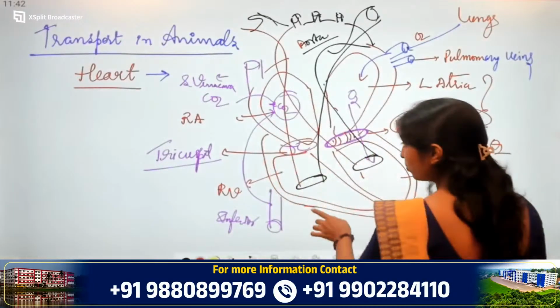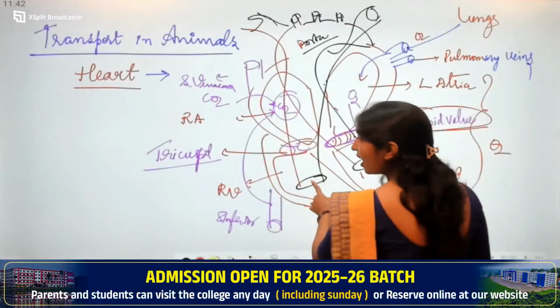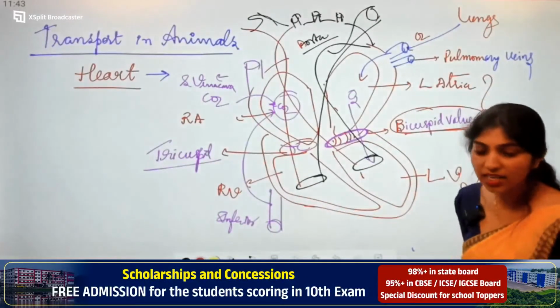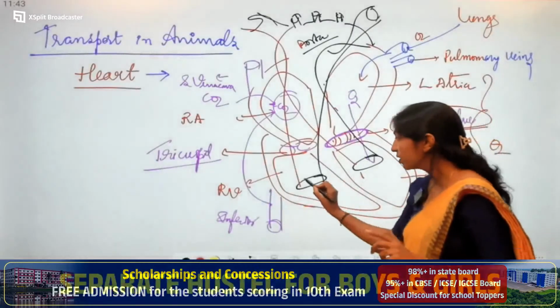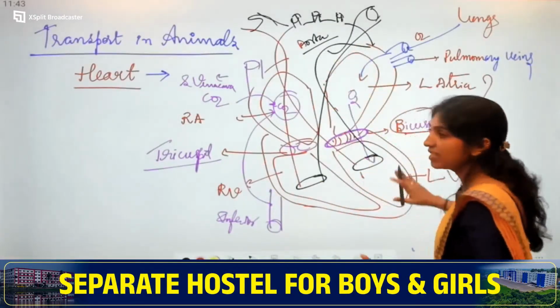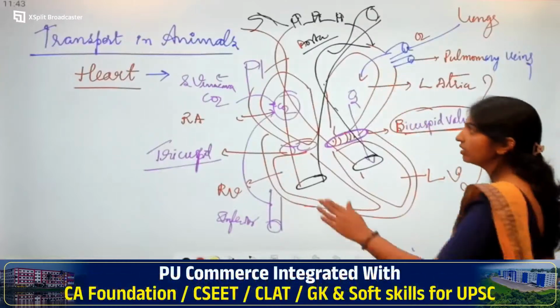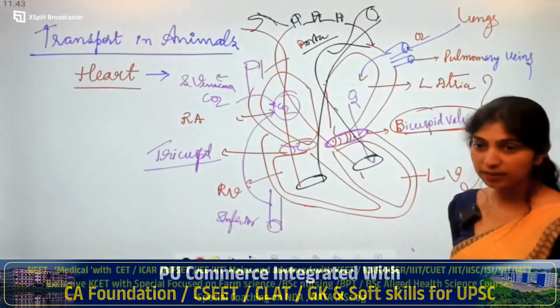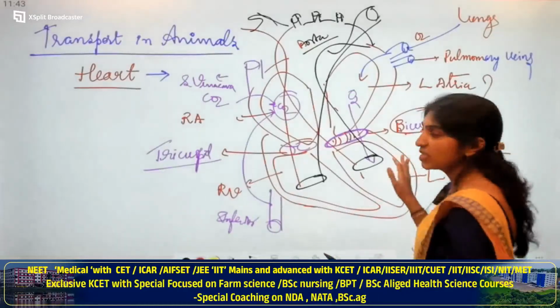Other arteries carry what? Oxygenated blood. This pulmonary artery arises from the right ventricle. So the left ventricle completely deals with oxygenated blood, the right ventricle completely deals with deoxygenated blood. Is this part clear?